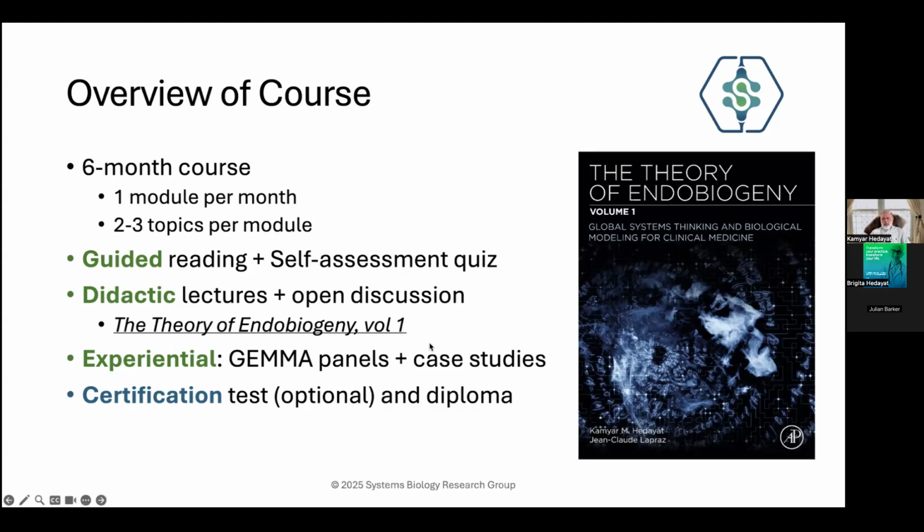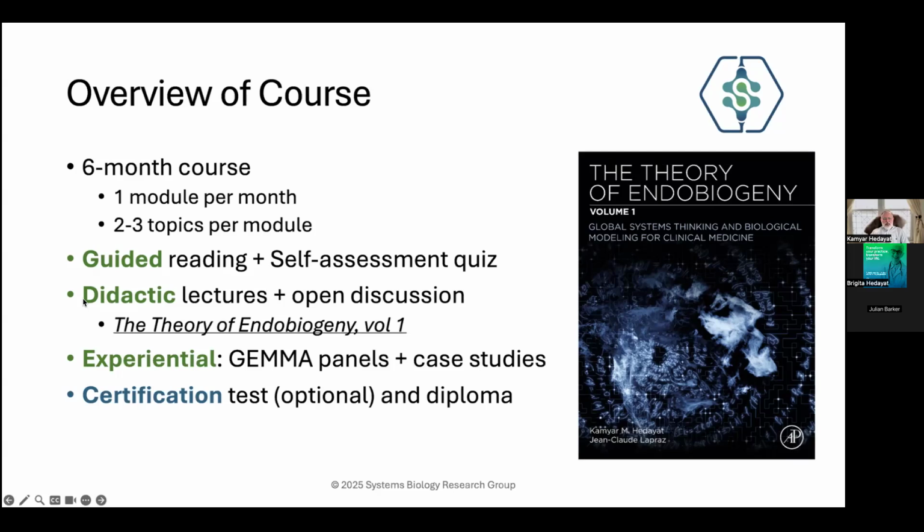You can read at your own pace, and there are self-assessment quizzes in the learning resource section to test yourself and make sure you are gaining the knowledge appropriately to move on to each subsequent subject.